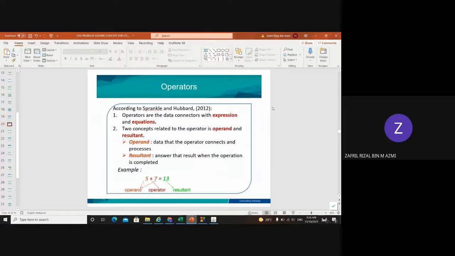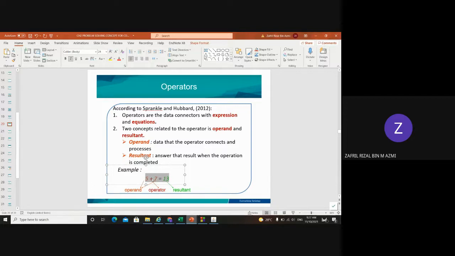Okay, so we go to the operator. This is important for any program that has a calculation in it. Again, this is a very simple topic. Operator, who doesn't know the operator? So when we have something like this equation, this is the operator and this is the operand. 5 and 7 are the operands, and the answer is the resultant.